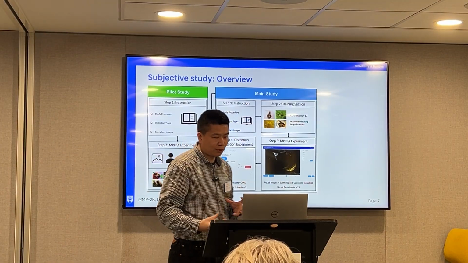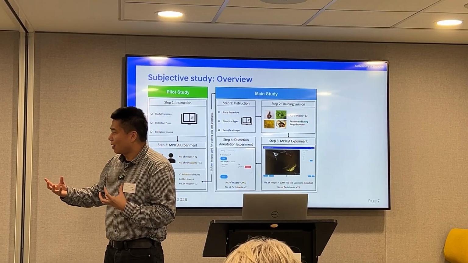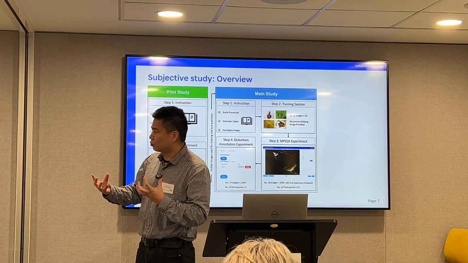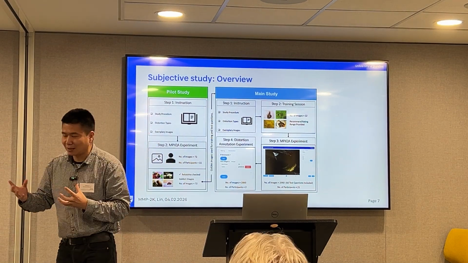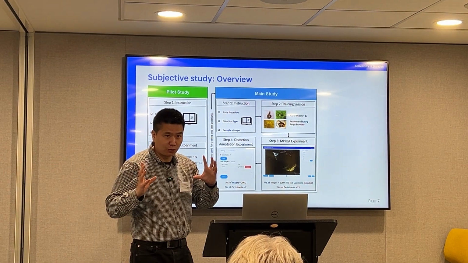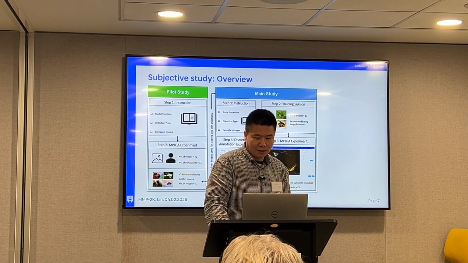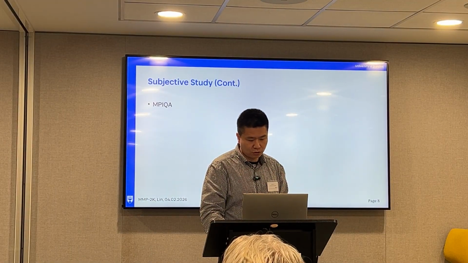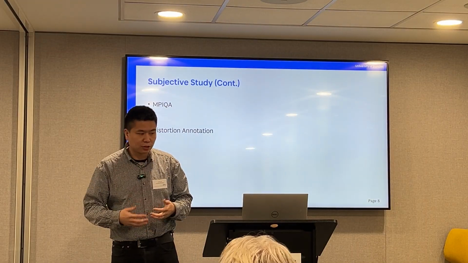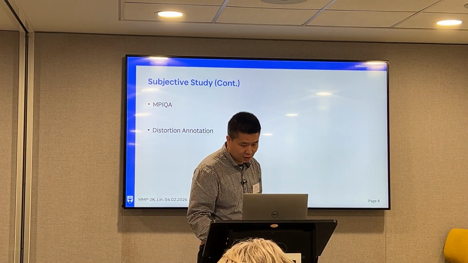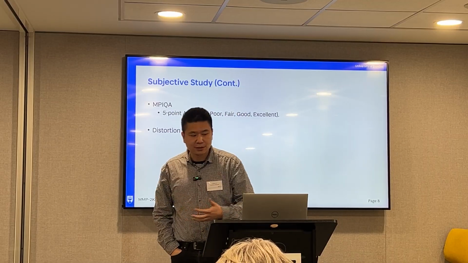Apart from that, we also had two students label the distortion, because it's better to have just one annotation for the distortion rather than multiple, since then you have to reach agreement, which is very challenging. For IQA, we just use ACR, which is very straightforward, with five points from bad to excellent.